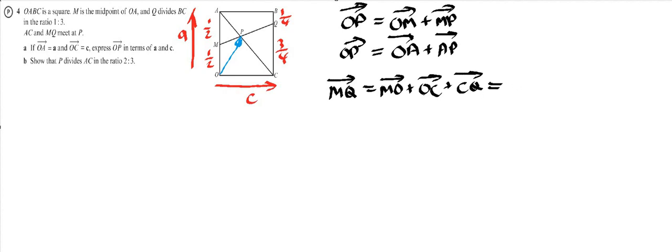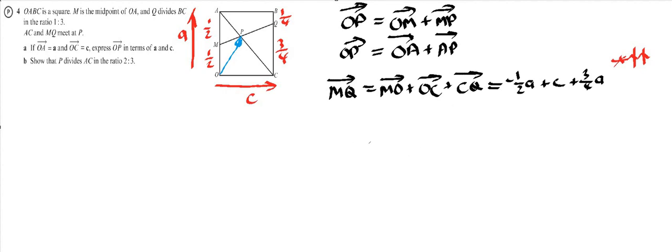M to O is minus half A, since I'm going in the opposite direction. O to C is easy, that's C. And then C to Q is 3/4 of A. Remember, this uses the fact that both sides are parallel, so the vectors are the same.